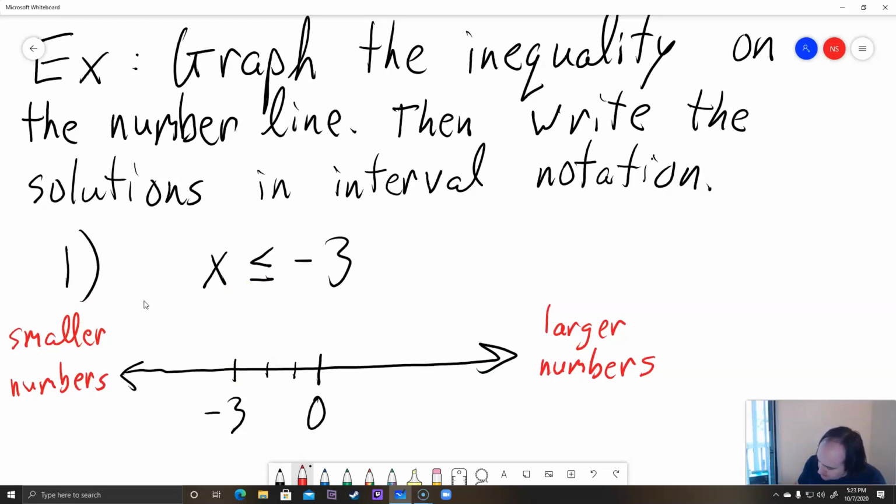So to graph our inequality, I'm going to put a bracket at negative 3, and then we have everything to the left of negative 3. And why am I using a bracket? Whenever you have less than or equal or greater than or equal, you're supposed to use this bracket, which looks like the corners of a rectangle.